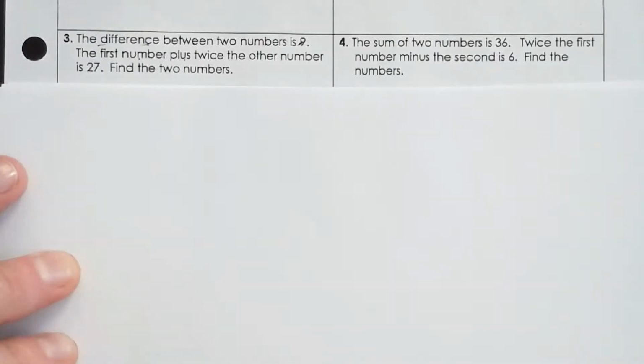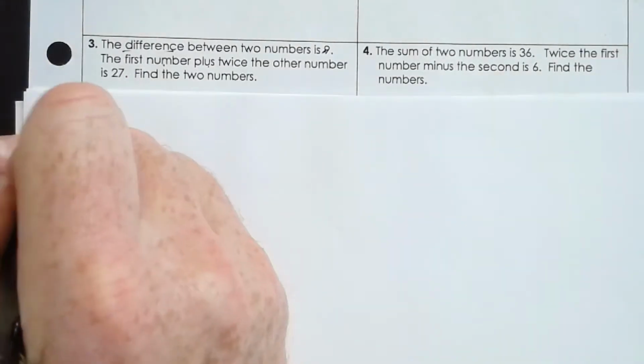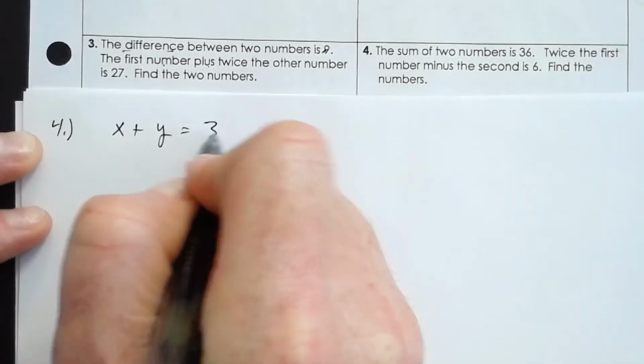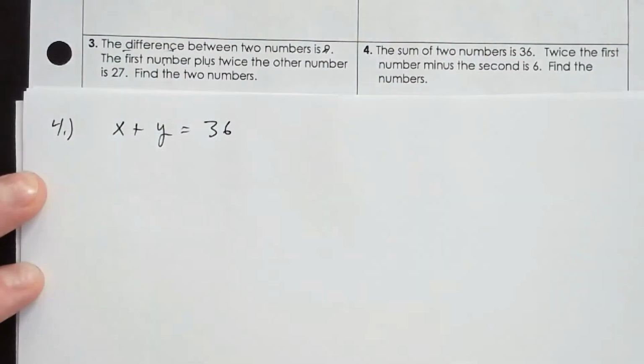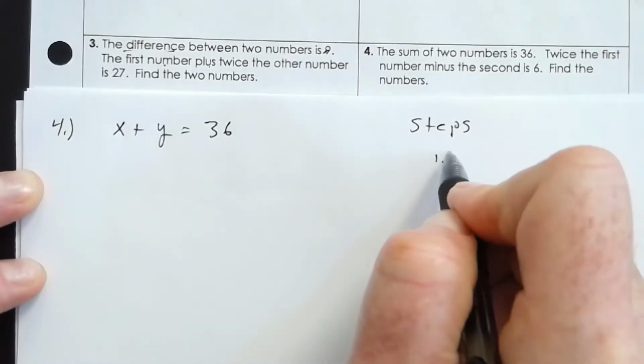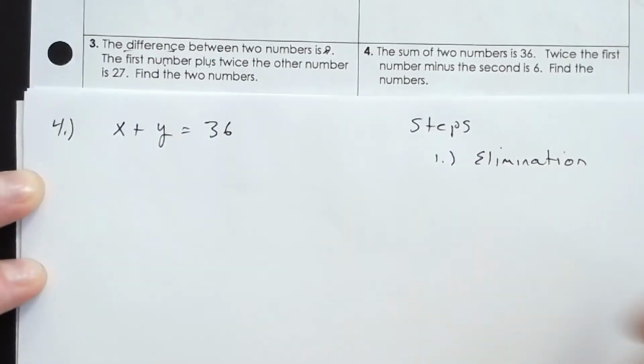The sum of two numbers is 36. How are we going to set this up? So, addition. x plus y is equal to 36. So number 4 is x plus y is equal to 36. How are we going to set the second up?